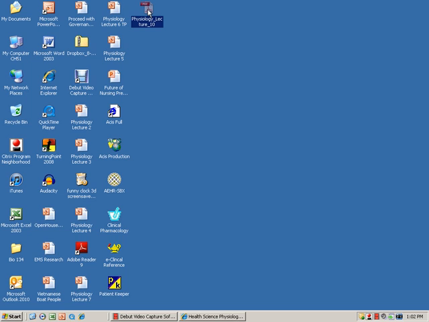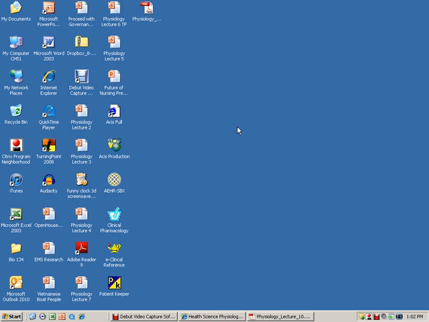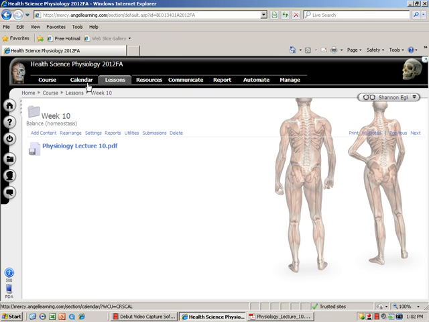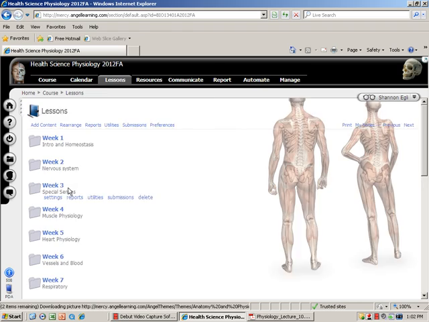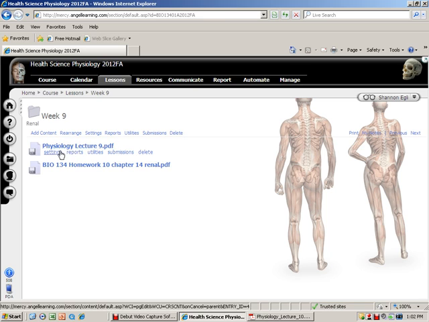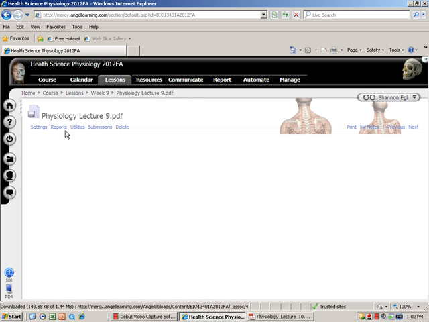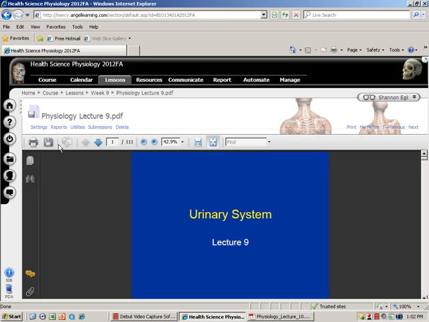Wow, what the heck. There it goes. And where did number 9 go? We still had a few slides left in urinary, right?